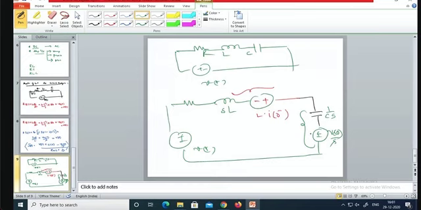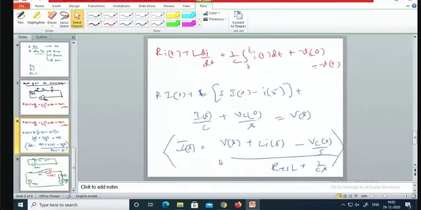That means you are writing the initial conditions in terms of series voltage sources, L into I of 0 plus and VC of 0 by S. The numerator, V of S plus L into I of 0 minus VC of 0, is nothing but the voltage of the circuit, divided by the impedance.